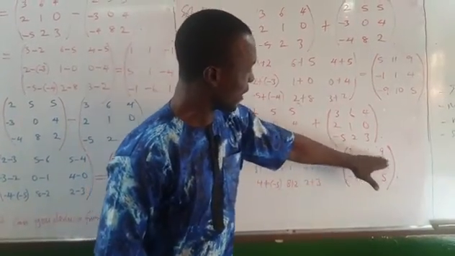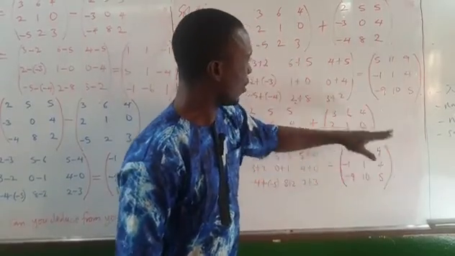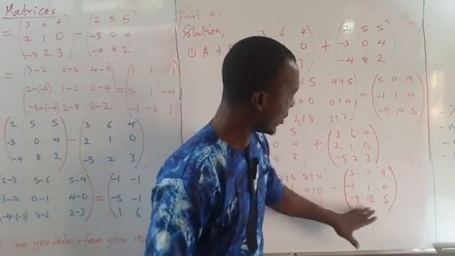The same thing here, 5, 11, 9. Then minus 1, 1, 4, minus 1, 1, 4, minus 9, 10, 5, minus 9, 10, 5.